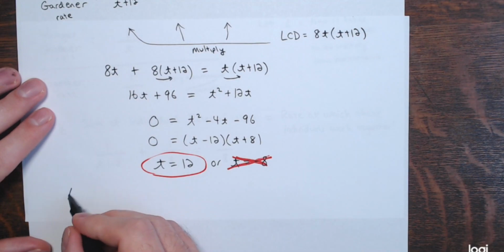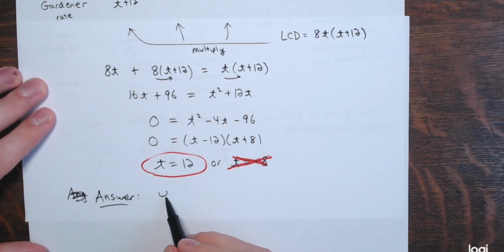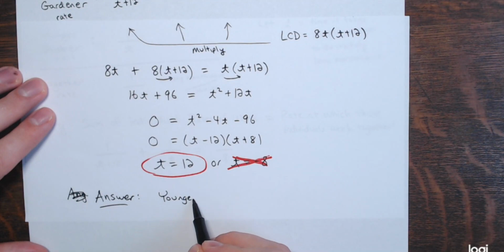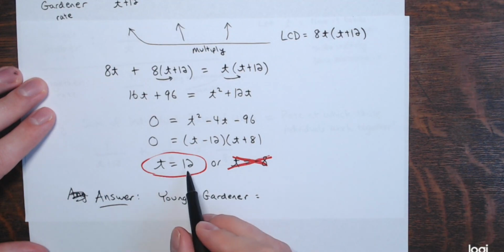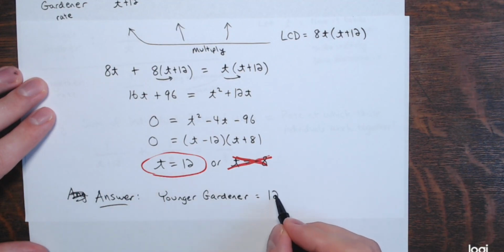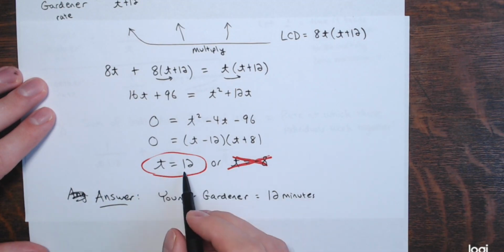The way I would finally answer this question is the following. The younger gardener takes 12 minutes to complete the job. That's what T represented, the time the younger gardener takes.